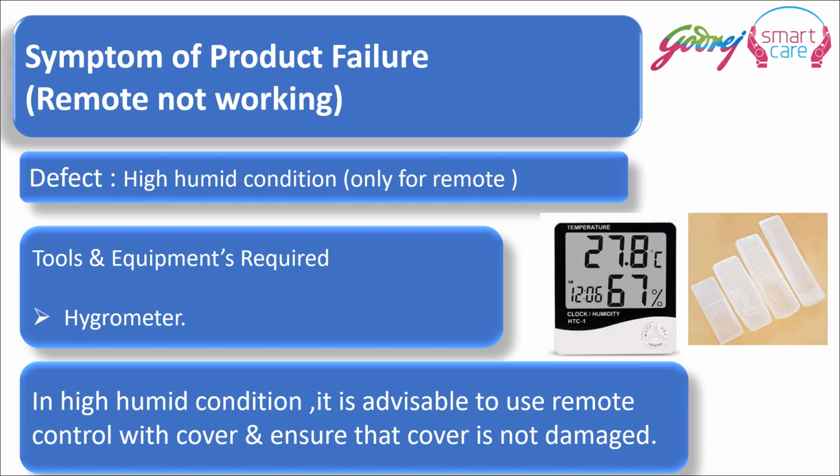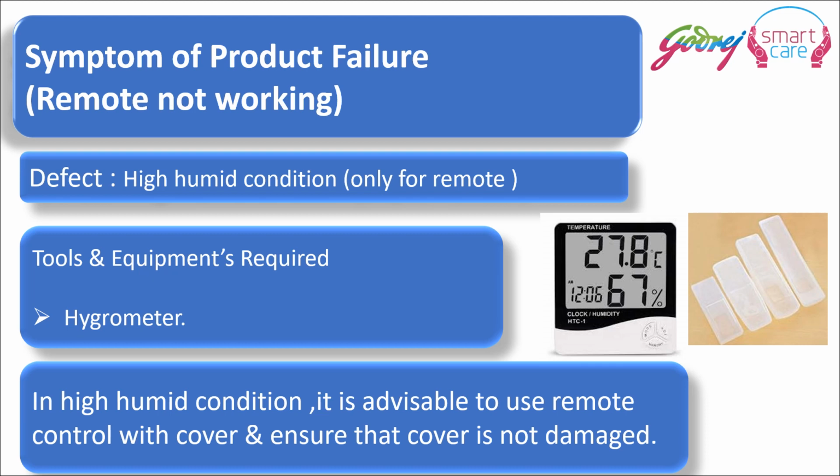Otherwise the moisture may enter the circuit and short some terminals, and it may render the remote control ineffective or spoil the remote control's PCB. So we have to be very careful when using it in high humid conditions.